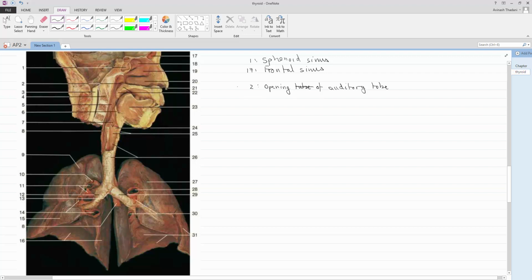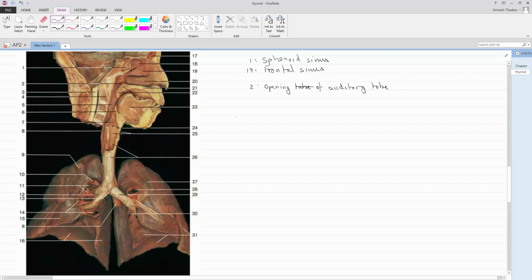All three are really the same thing. So in a child, that particular tube is really narrow and very horizontal, and that's why children are prone to developing middle ear infections or otitis media. In an adult, that tube becomes wider and less horizontal and becomes more oblique, so it's more easily drained, and as a result, we're no longer susceptible to developing middle ear infections.